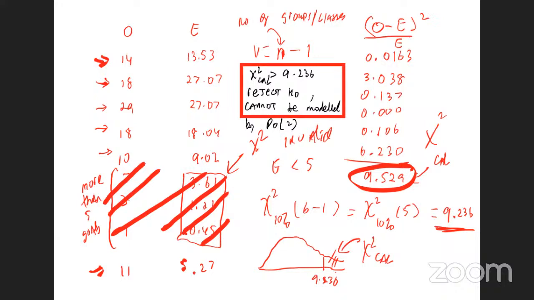The main thing here is that you could use any distribution. They could ask it for Poisson, they could ask it for normal, they could ask it for a uniform, they could ask it for geometric, any distribution. All that will change is the e-values. If it's a uniform distribution, I know we didn't really practice much of it, but it means that the probability for each event is the same.